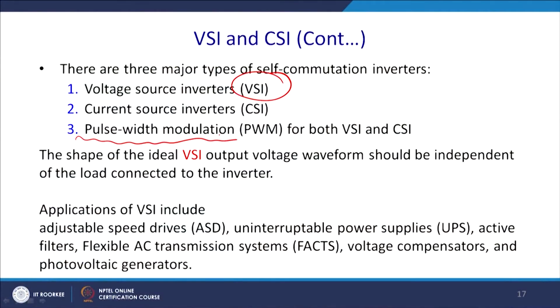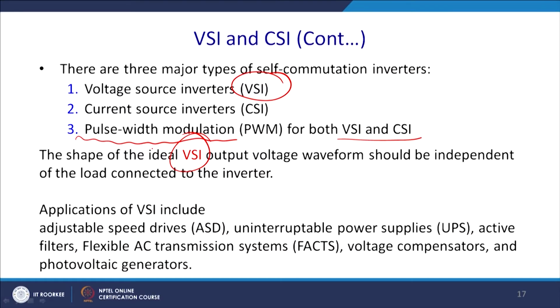The most suitable method is pulse width modulation, mostly for the VSI. We shall discuss in detail its application to both cases, and we will see the advantage of pulse width modulation over other kinds of inversion operation.